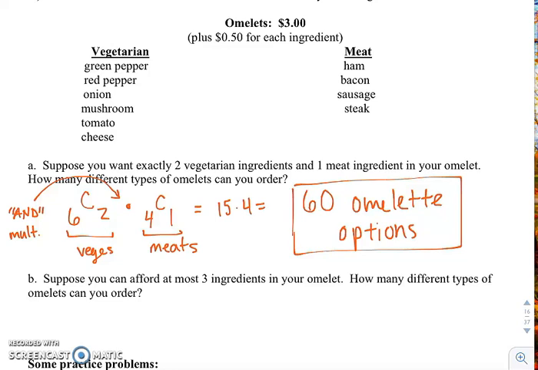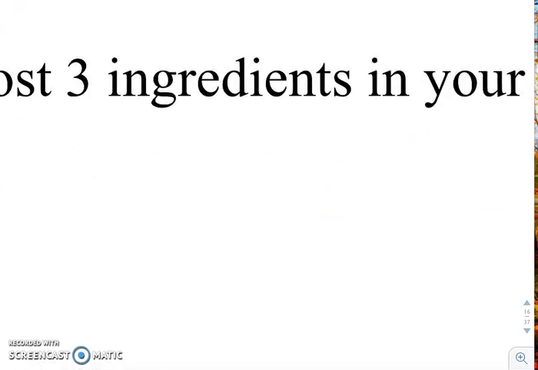So then if you look at B, it says suppose you can afford at most 3 ingredients in your omelet. How many different types of omelets can you order then? So at most means 3 or less.